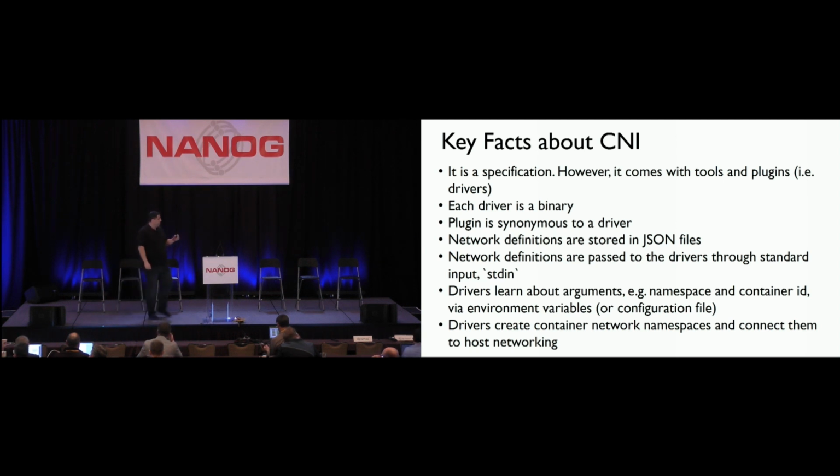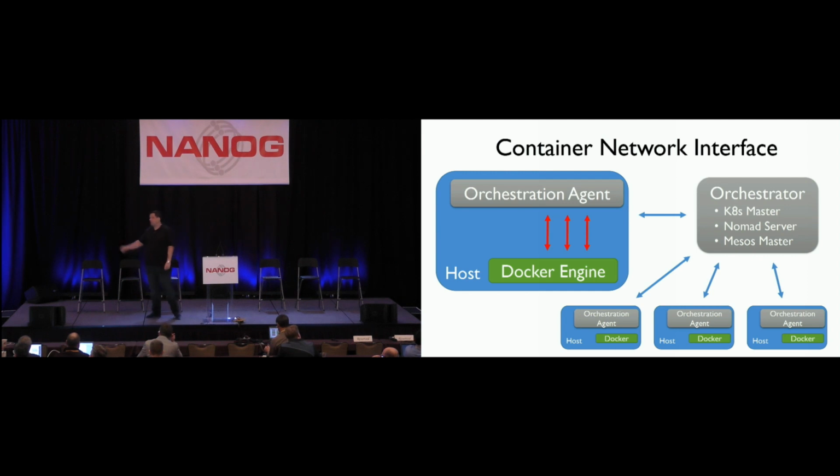So whenever you deploy, orchestrate your networking with container network interface, what you will do is on each host, you will put an orchestration agent. So there will be some kind of master-slave topology where you have a bunch of slaves.